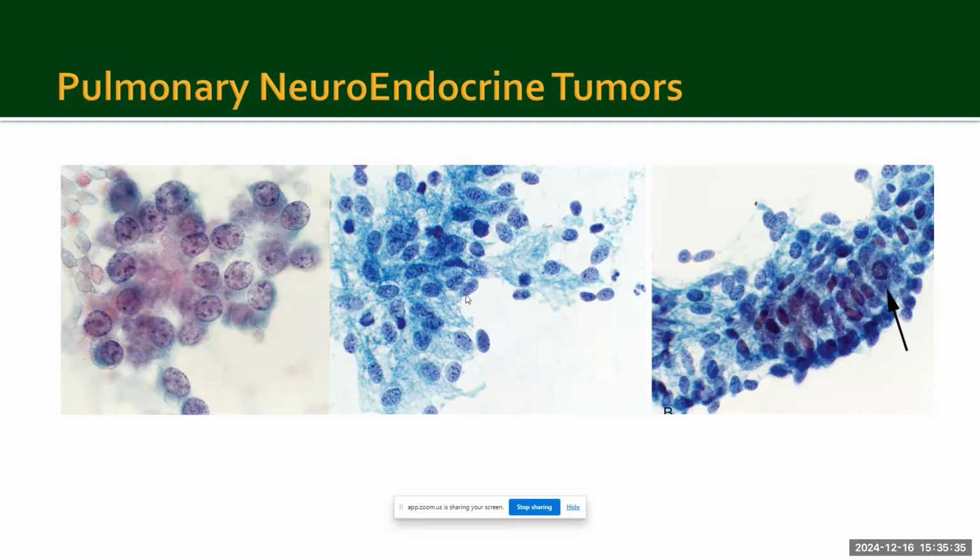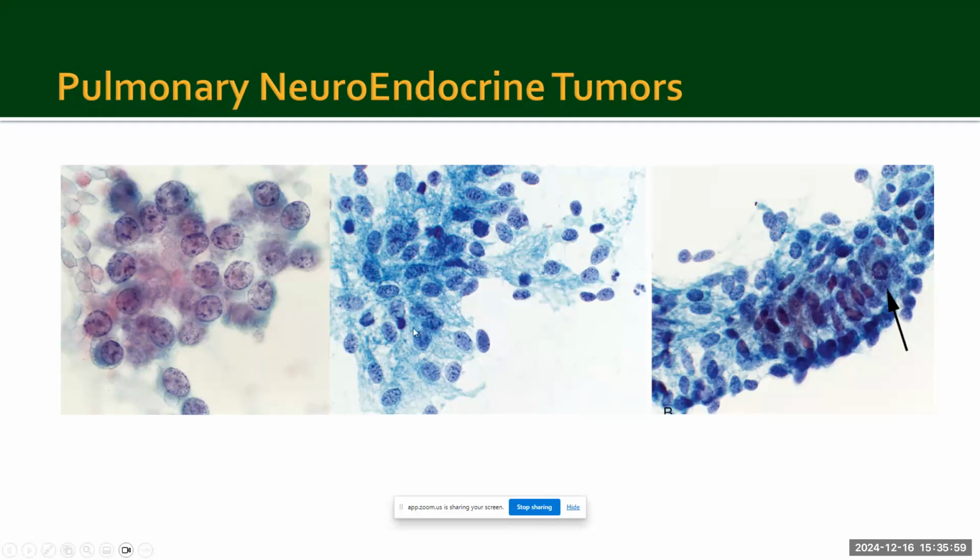So, what do we see in the cytology of these neuroendocrine tumors? They are monotonous appearing cells with a salt and pepper chromatin. You can see how they have the dotted nuclei with a salt and speckled appearance. They have prominent nuclear membrane, very scant cytoplasm, and they look very monomorphous.